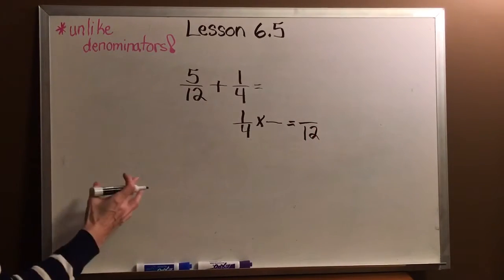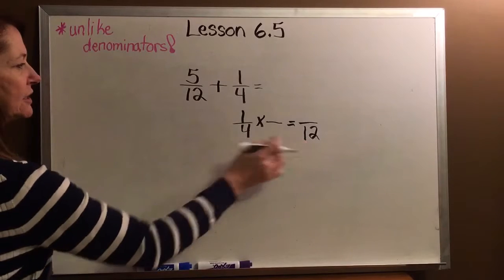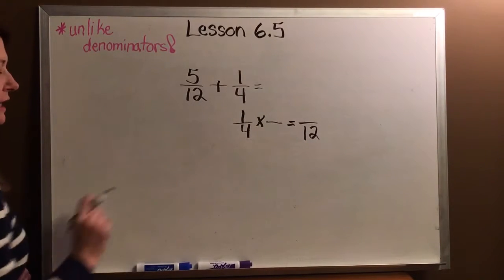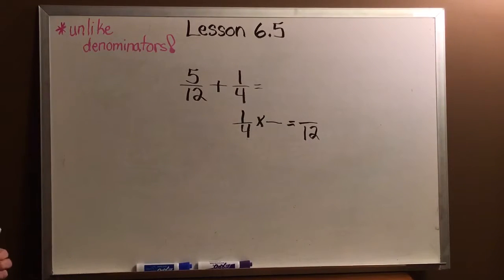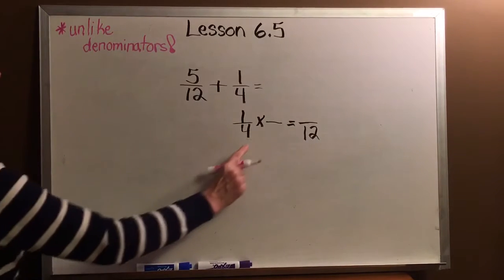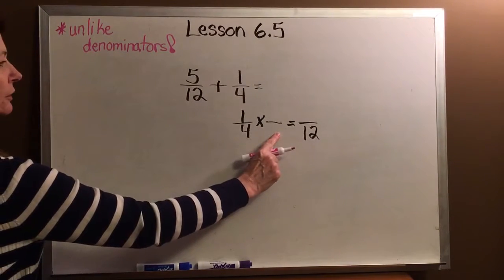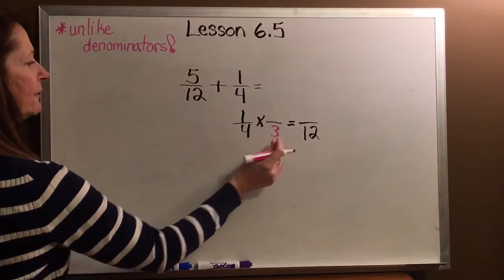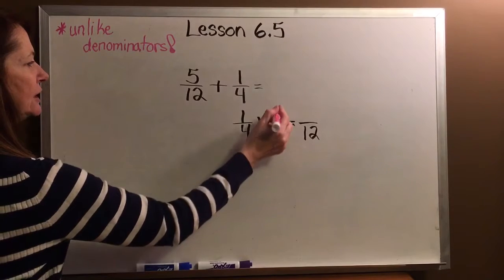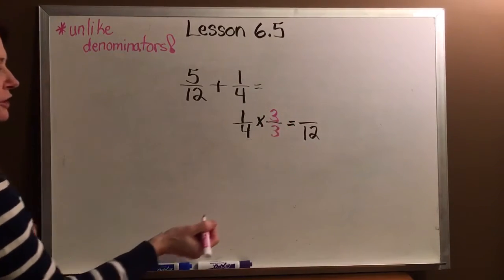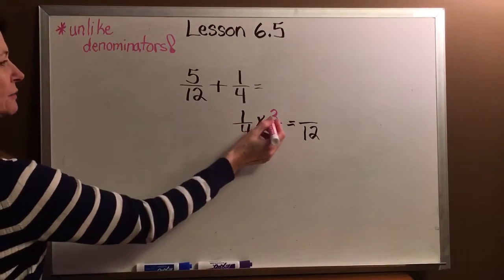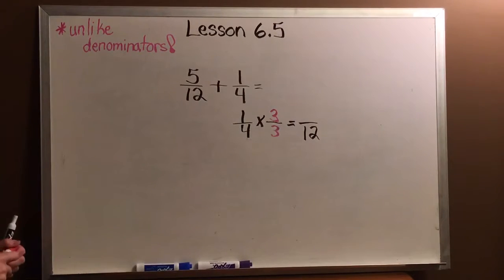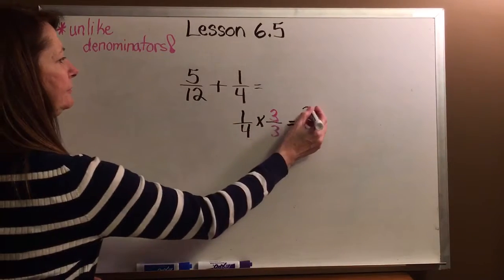Remember, the stair method told me 12 is my common denominator. Think to yourself, 4 times what would give me 12? 4 times what number would give me 12? 3. Whatever you do to the bottom of the fraction, you need to also do to the top of the fraction. So now 1 times 3 is 3.